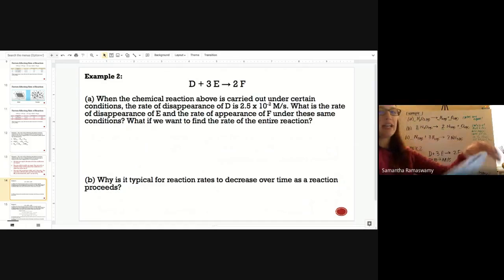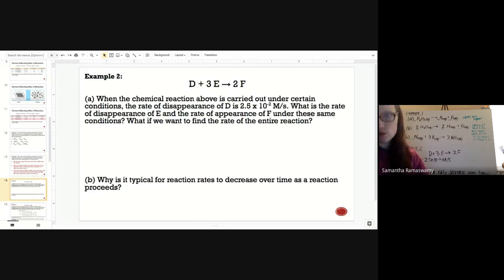So if we take a look at example 2, it is at the top of page 4. It says when the chemical reaction above is carried out under certain conditions, the rate of disappearance of D is 2.5 times 10 to the negative second molar per second. Rate of reaction is usually given in molar per second.